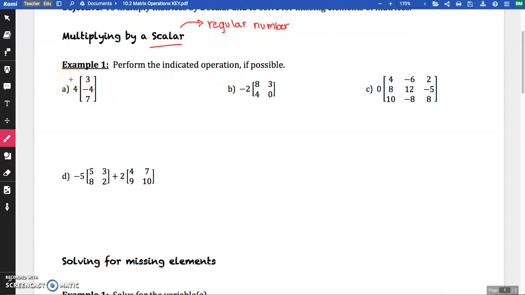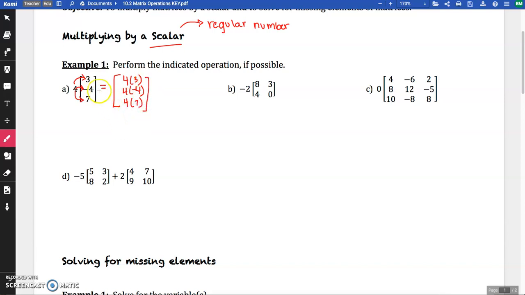So for example, in this first one, we're going to multiply this matrix by 4, and just like multiplying a binomial or polynomial by a scalar or by a regular number, you're basically just going to distribute that multiplication. Okay, so this will become 4 times 3, 4 times negative 4, and 4 times 7.